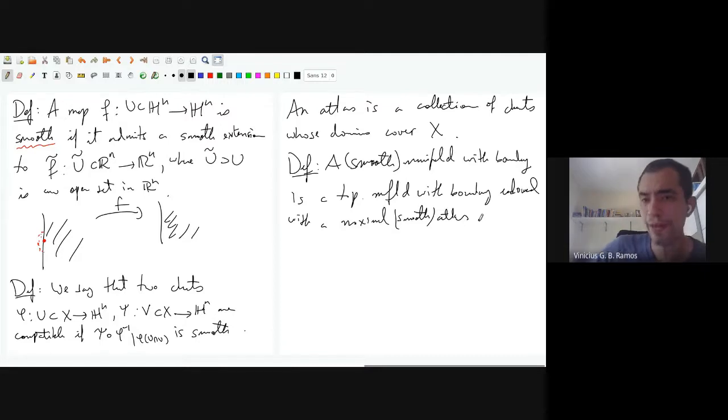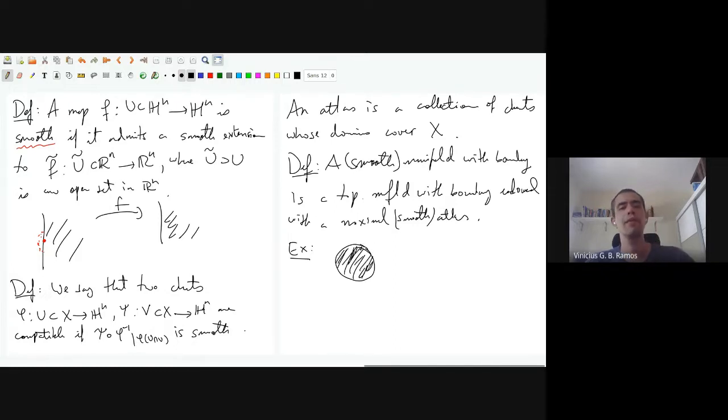But for topological manifolds with boundary, it's actually quite easy to change the smooth structure on the boundary at least. So here's an interesting example. Let's just say I look at a disk. It's easy to see that a disk is a topological manifold with boundary.